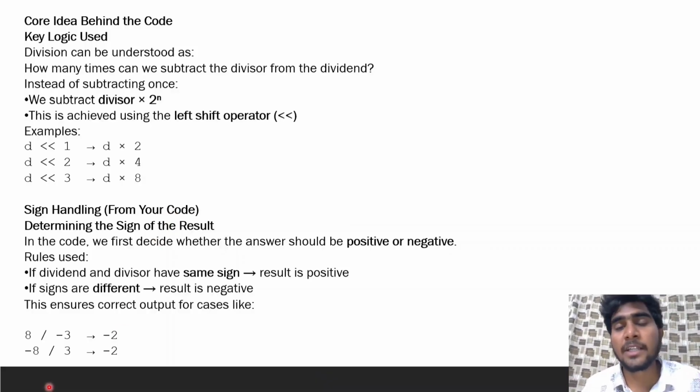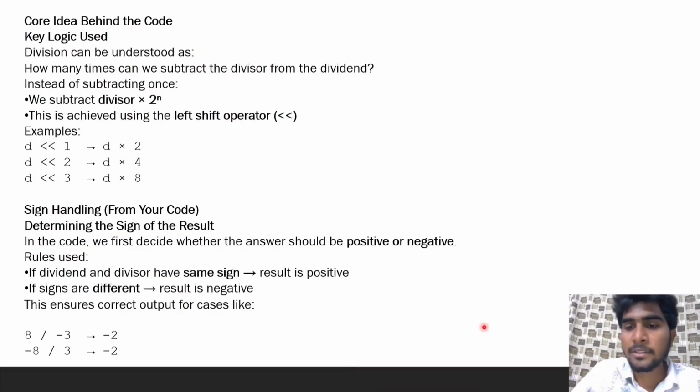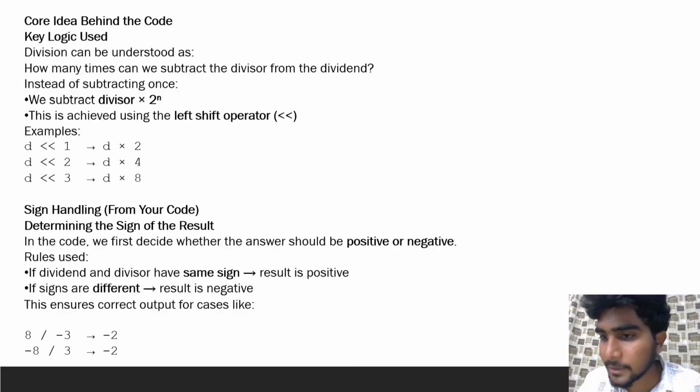This ensures correct output for cases like 8 by minus 3, where the answer is minus 2. If minus 8 by minus 3, then the answer is plus 2. So whenever we get different signs of divisor and dividend, the answer is also a negative number. Next we will look at the next slide.